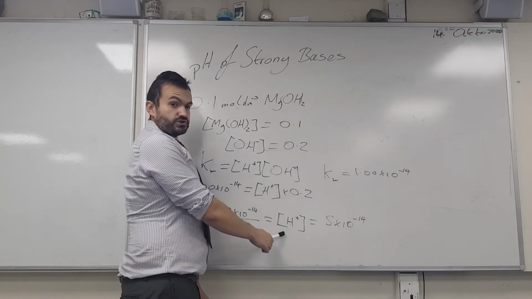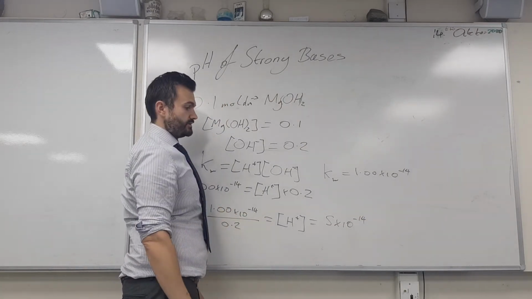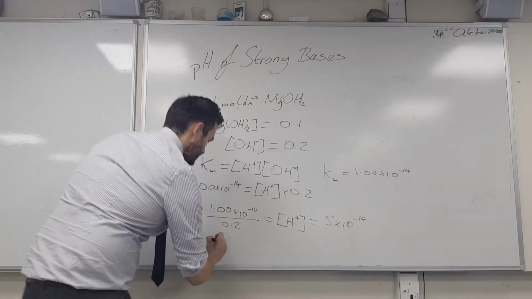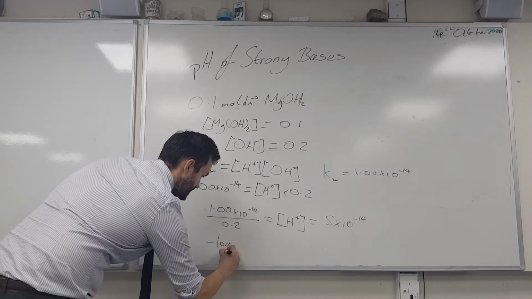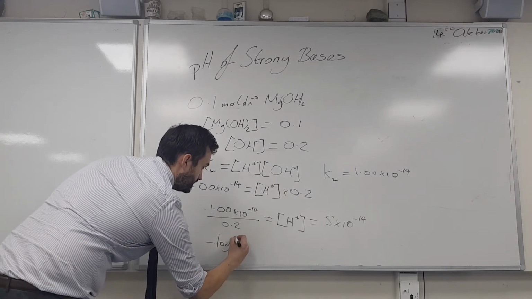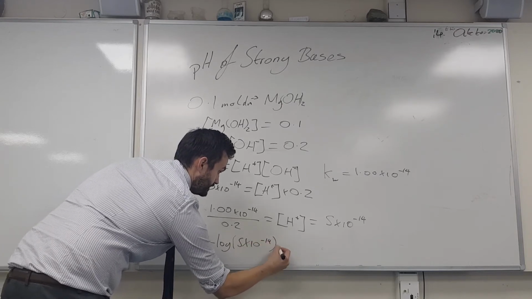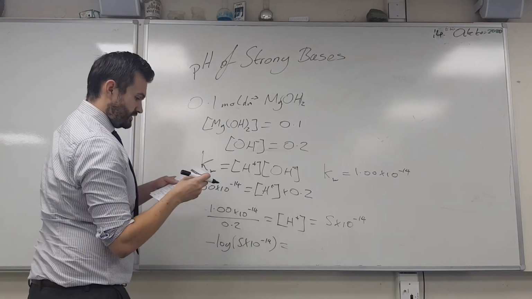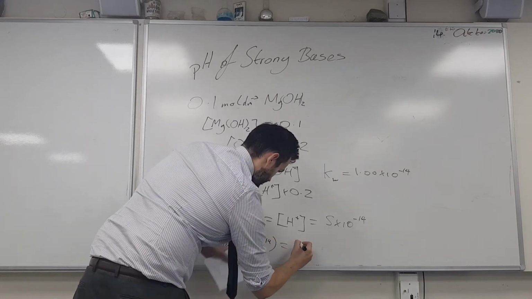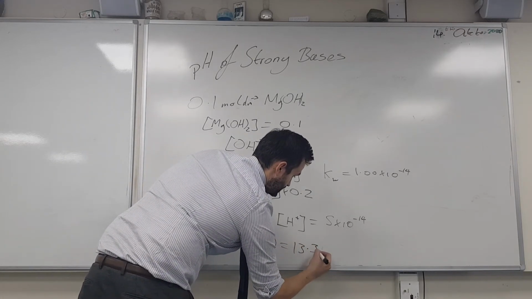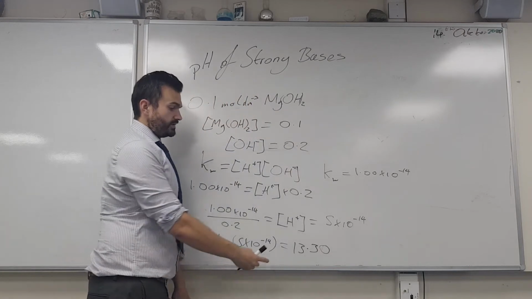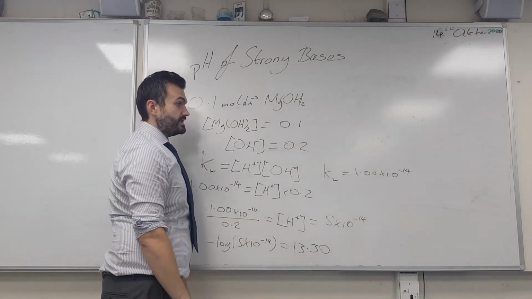So we've now got a concentration of H plus ions, and all we have to do is minus log 10 of 5 times 10 to the minus 14. If you put that in your calculator, you will get 13.30. Now we've got a pH for our base.